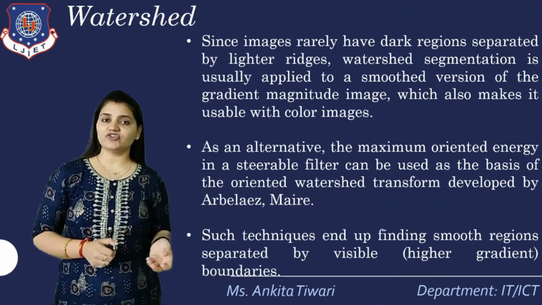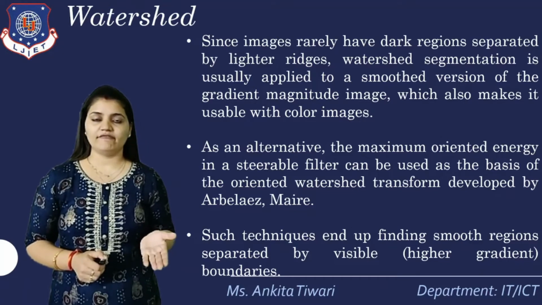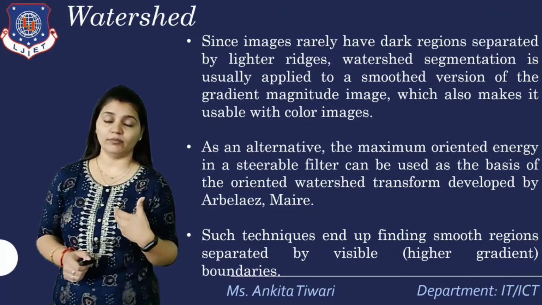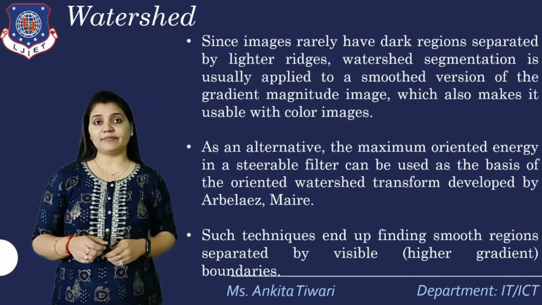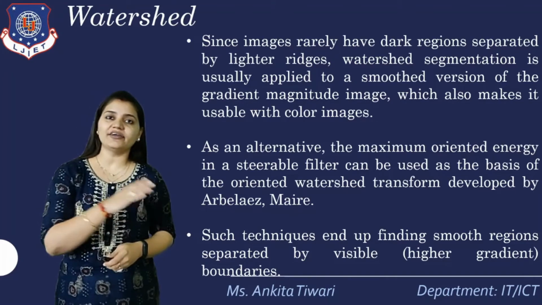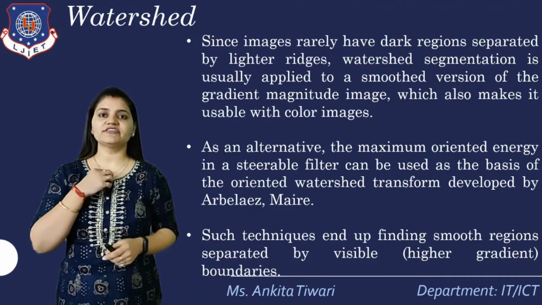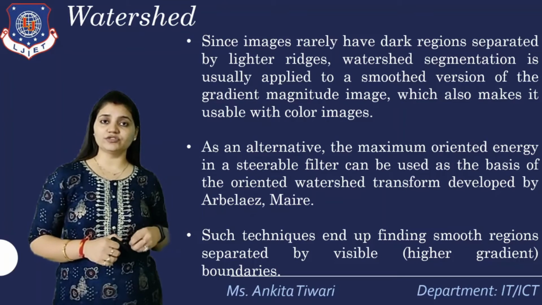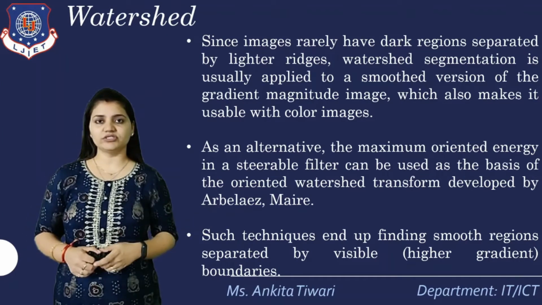Such techniques end up finding smooth regions by separating the visible, higher gradient boundaries, and that is the watershed. So watershed segmentation basically involves dark regions with lighter ridges defining them. As an alternative, the maximum orientation energy, using non-linear filtering with steerable filters, can be used here.